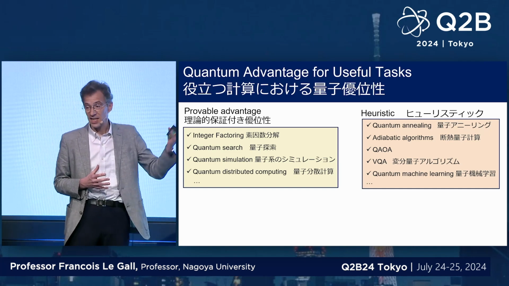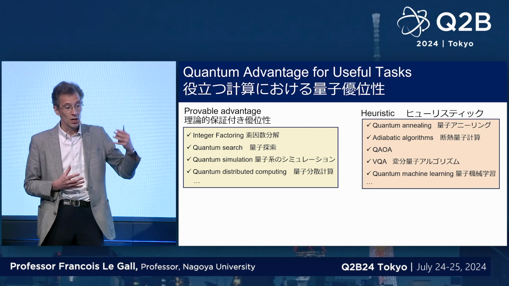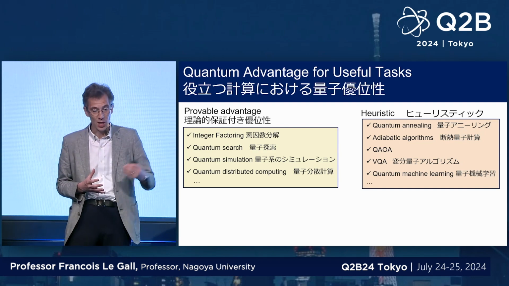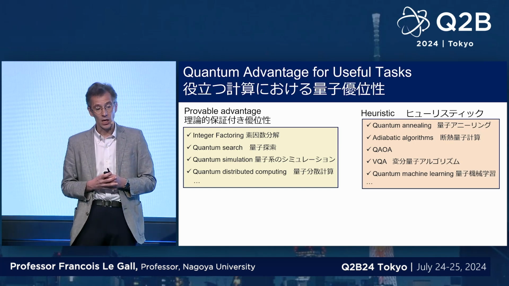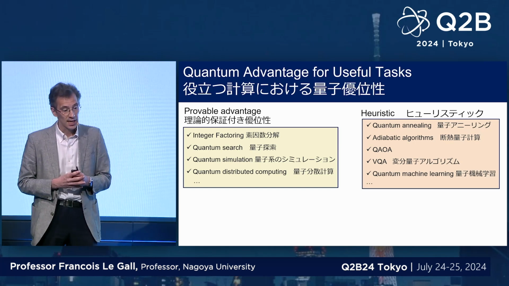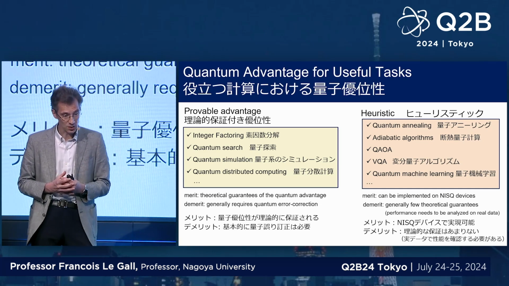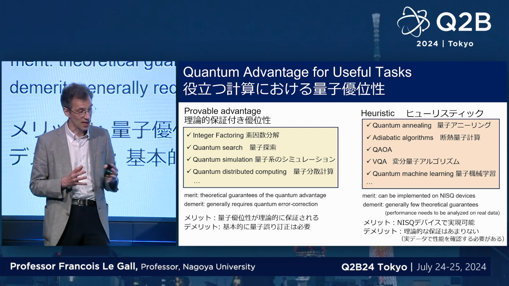So many examples: integer factoring, the Shor algorithm; quantum search, the Grover algorithm; quantum simulation; and more recent topics like quantum distributed computing. And the point is that for those cases, we have theoretical guarantees of the quantum advantage.